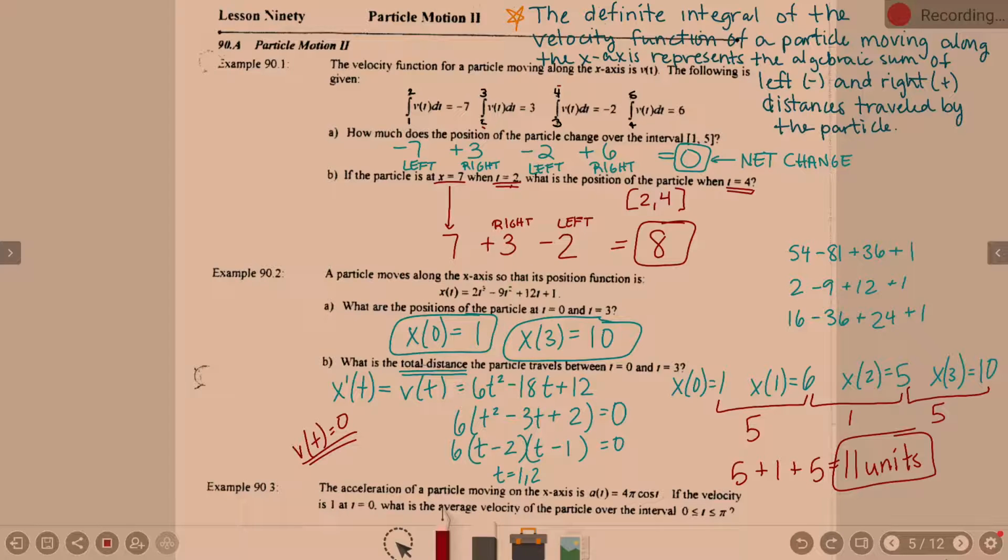Notice, if we make that 1 negative here, that takes us back to the answer of 9, doesn't it? Because you'd go 5, minus 1 is 4, plus 5. So watch the question. Do they want to know the position? Do they want to know the change of the position? Or do they want to know the total distance traveled?